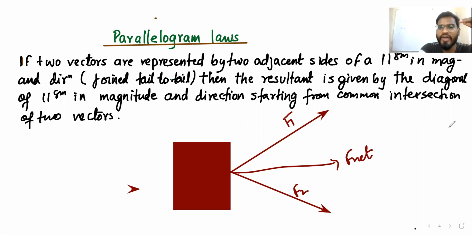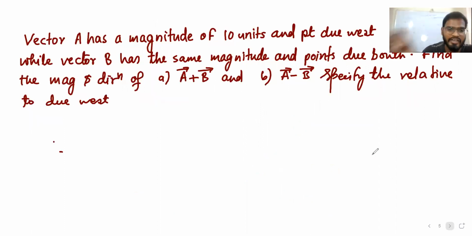That is, if two vectors are represented by adjacent sides of a parallelogram in magnitude and direction, joined tail to tail, then the resultant is given by the diagonal of the parallelogram in magnitude and direction, starting from the common intersection point of the two vectors. Ultimately, I just gave a feel for why we use the parallelogram law instead of the triangle law.